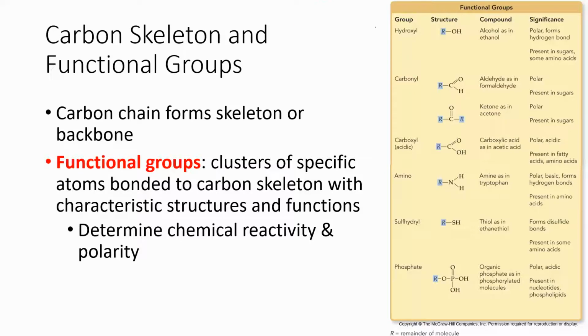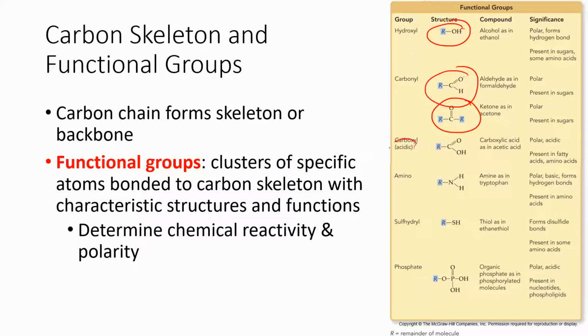For example, a lot of these confer polarity. The hydroxyl group, or OH, is polar, and it forms hydrogen bonds. The carbonyl group is also found in some sugars, as is the ketone group. Notice that when there's an oxygen present, oftentimes that is going to confer polarity to a molecule.